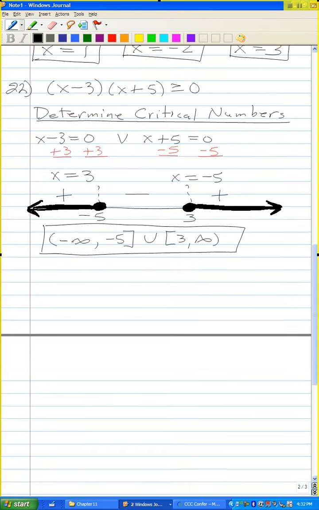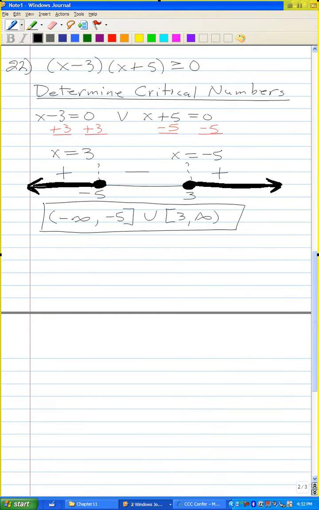Let me do problem number 28. 3p minus 1, p plus 4, less than 0. And so this is already in reduced, factored standard form.